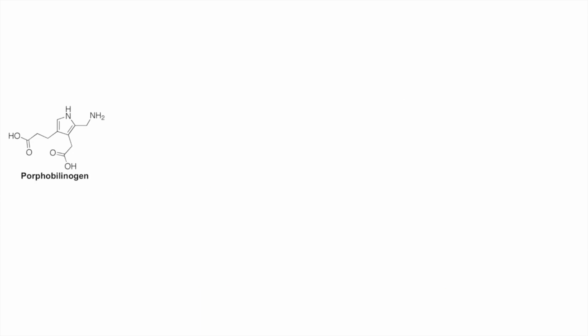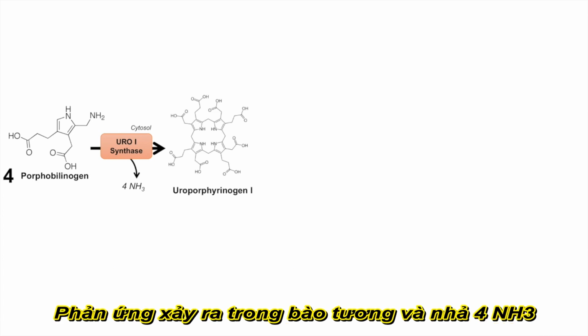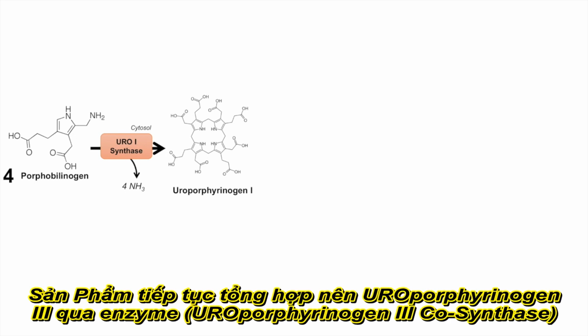Once we have porphobilinogen, it takes 4 porphobilinogens to move on to the next step. Once you have 4 of these, the enzyme uroporphyrinogen 1 synthase will take these 4 porphobilinogens, and in the cytosol, this is all happening in the cytosol, will release 4 ammonia and produce uroporphyrinogen 1.